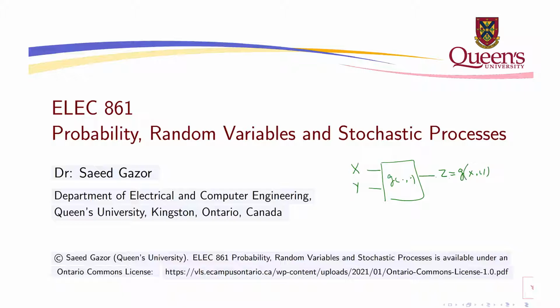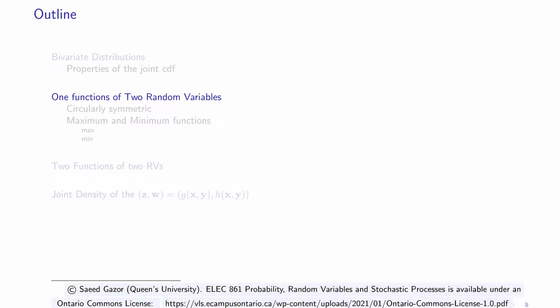So this distribution is given, we know that, and we want to find the distribution of the function of these two random variables. So the outline of this section is that we have these two random variables, and then we have z, a function of two inputs, x and y, and we want to find its distribution. And we will have several examples.